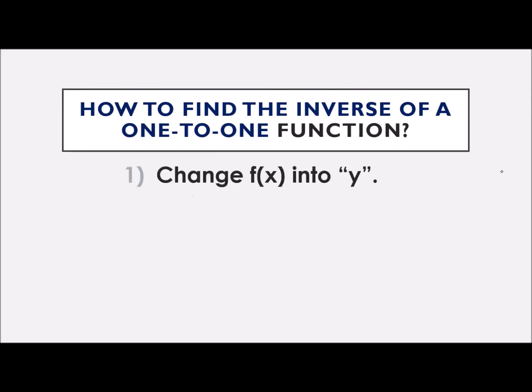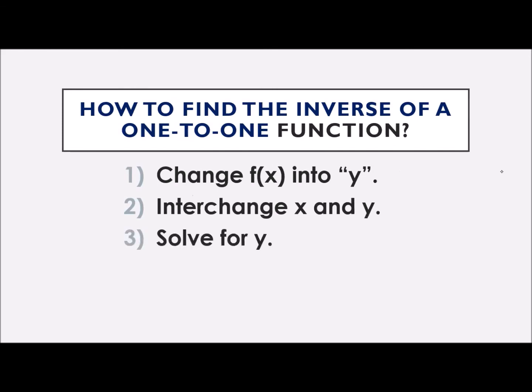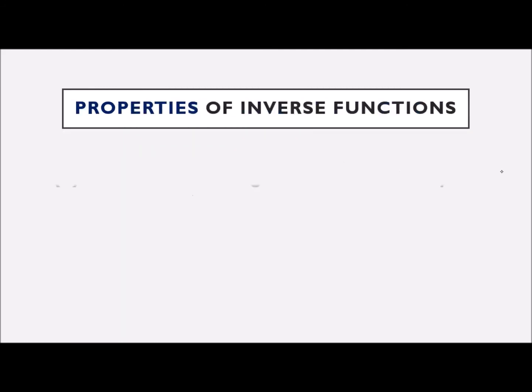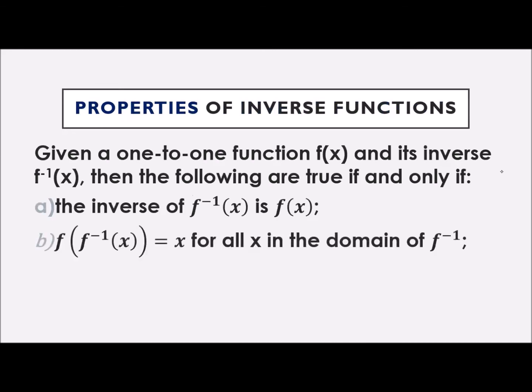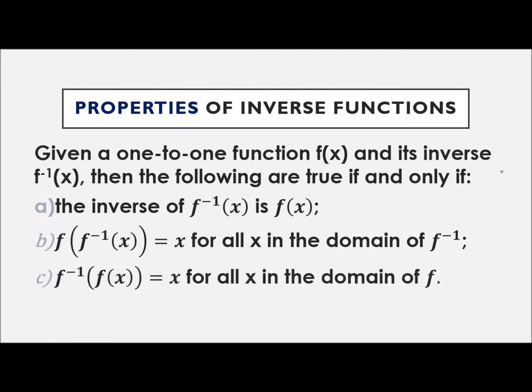By changing the function notation into y, interchange x and y, then solve for y in terms of x, then we're just going to replace y by the inverse notation. And its properties, kailangan nating tandaan that the inverse of is f of x, and yung composite functions niya, pag pinag-interchange, dapat ay x lang lagi.